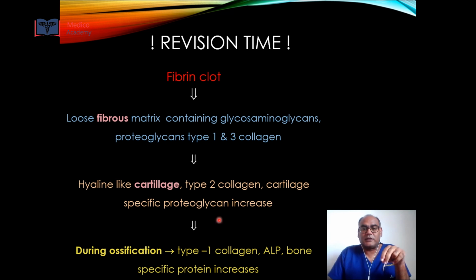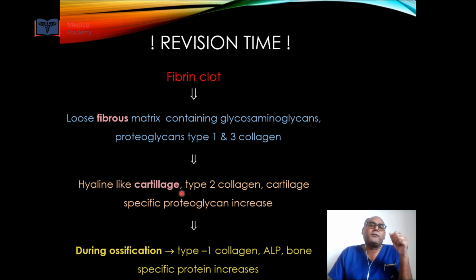Then that got mineralized by formation of type 1 collagen, alkaline phosphatase, and increase in the bone specific proteins like calmodulin and osteoporins. Now we should remember that this is a very finely managed sequence. If it arrests at stage 1, we will get slow union or no union, or the atrophic type of non-union.